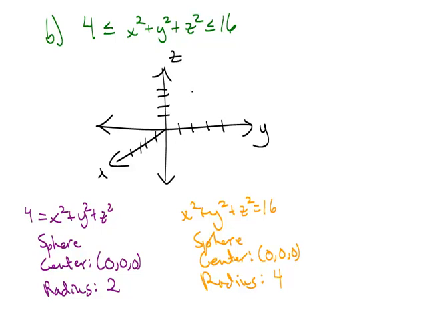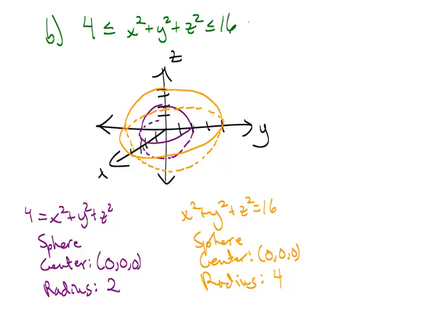And what we're going to have basically is all the points on or outside this smaller sphere, but on or inside this bigger sphere. So here's our smaller sphere of radius 2. It comes like this. Okay, so we're going to be on that, but inside of this bigger sphere of radius 4 here.